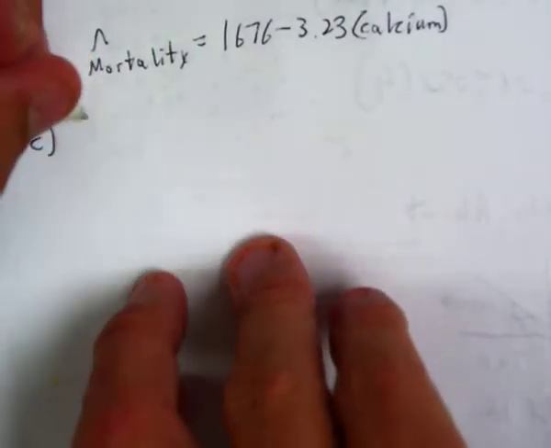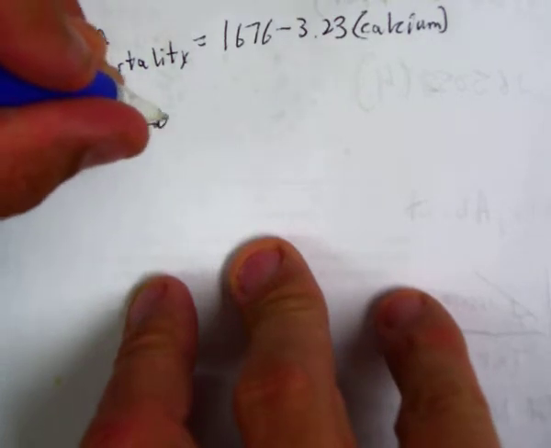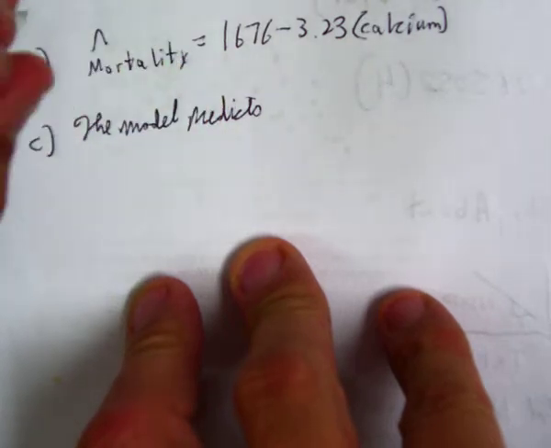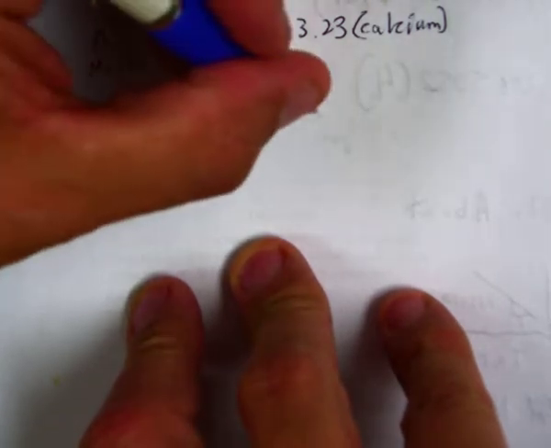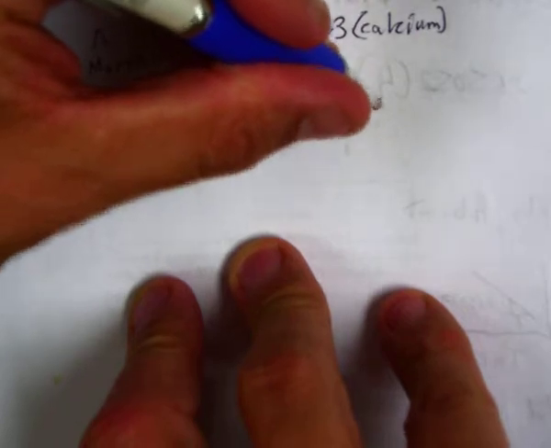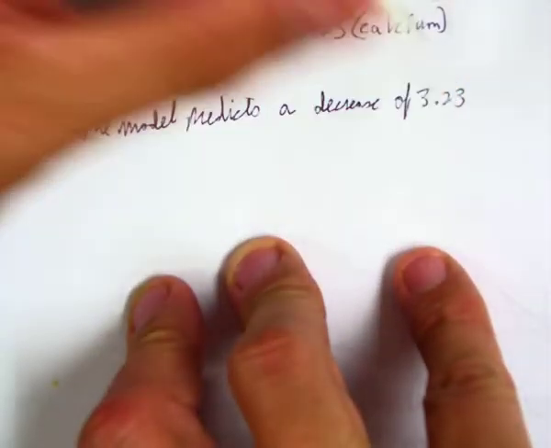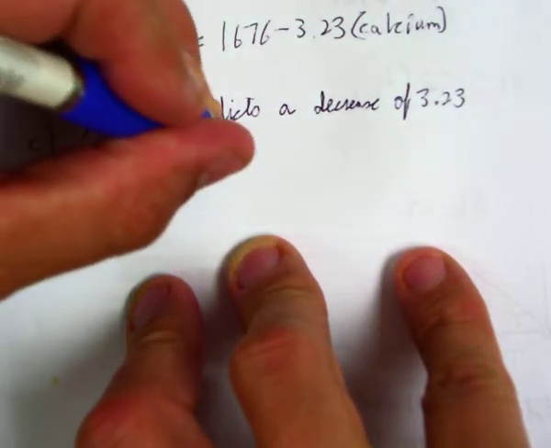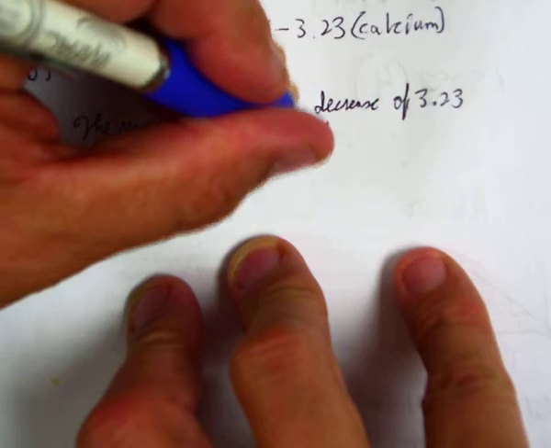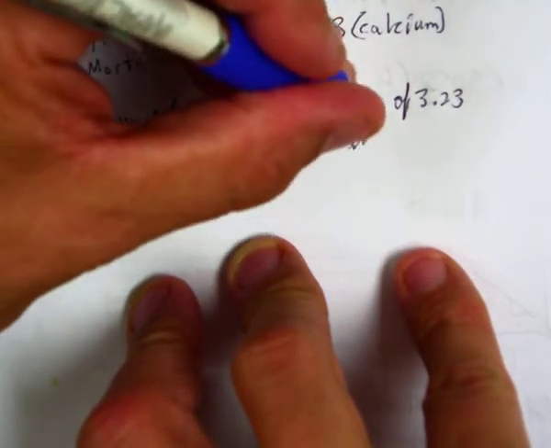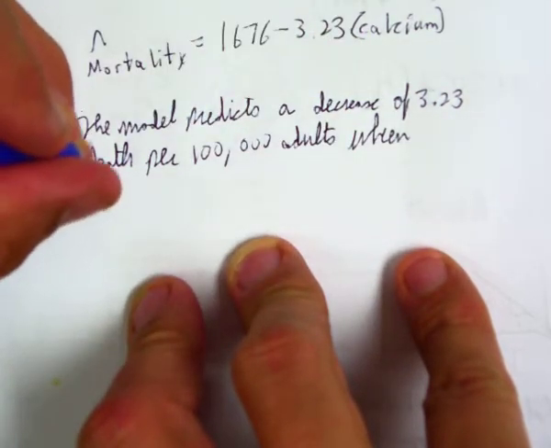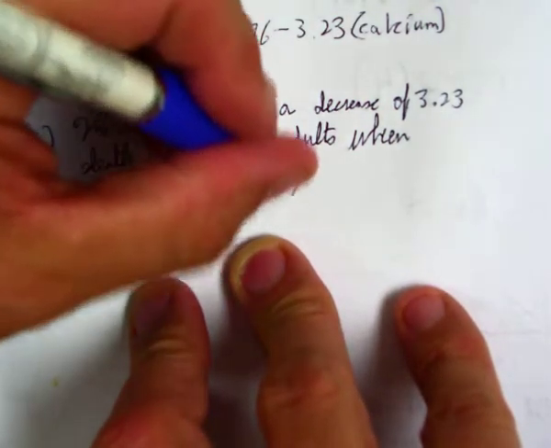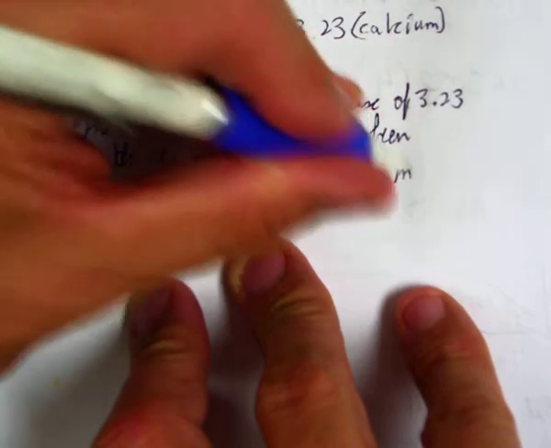We're going to say the model predicts a decrease of about 3.23 deaths per 100,000 adults when calcium increases by 1 part per million.